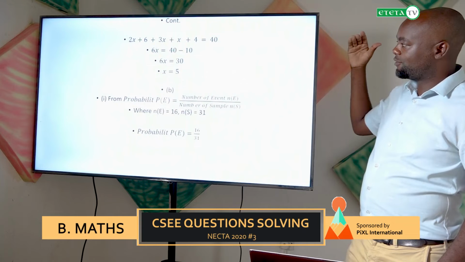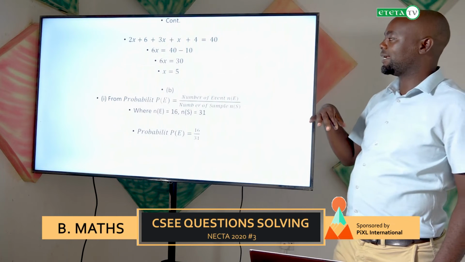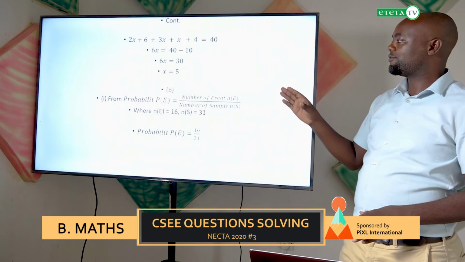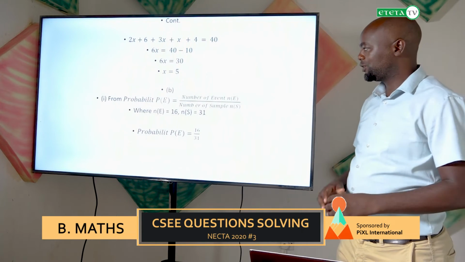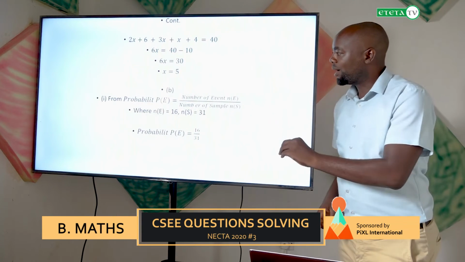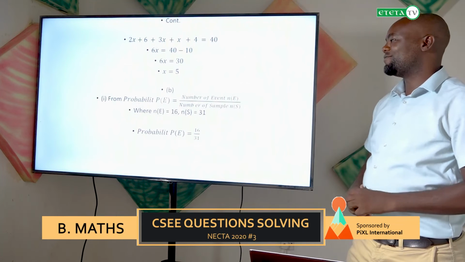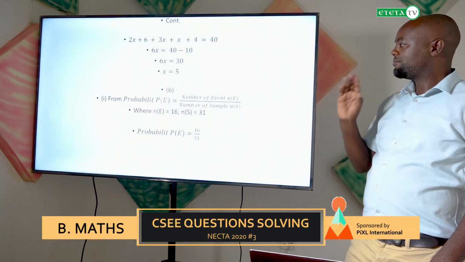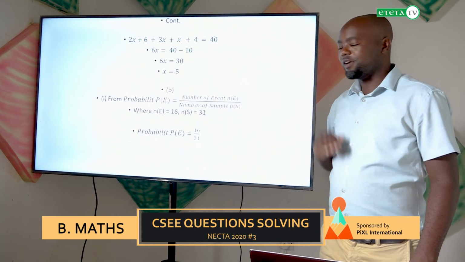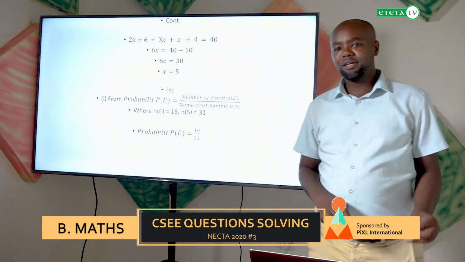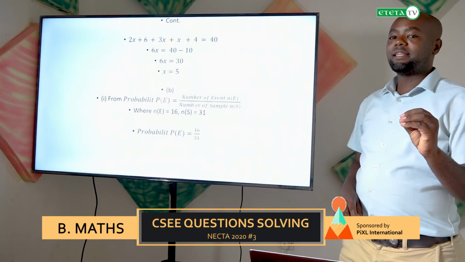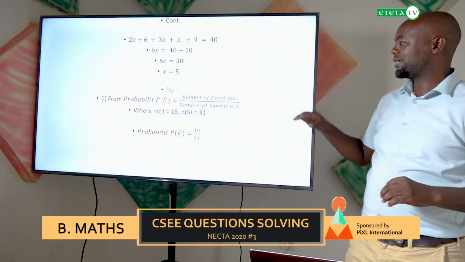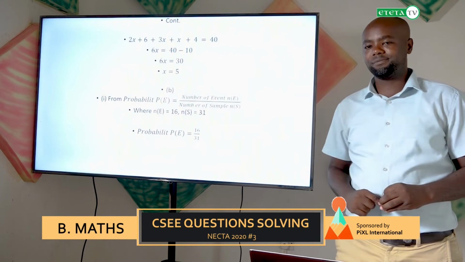As from the information which has been given, x represents the number of students. So now we have found x. We have been asked to find the probability of an event. As I said, when you find the probability of an event, make sure you have the number of events, that is the expected outcome, and make sure you have the total sample space, or the total expected outcome, which is known as the number of sample space.